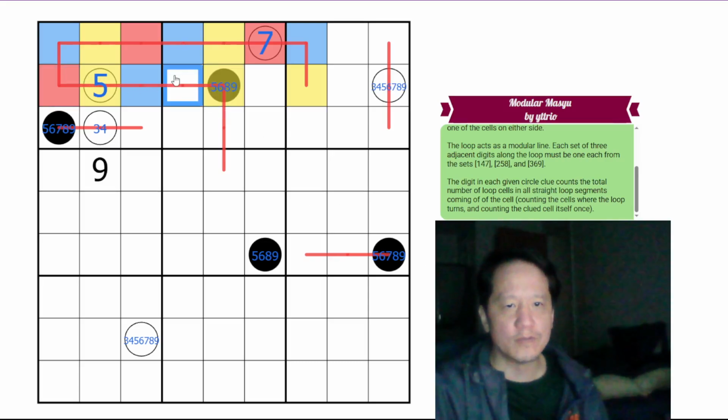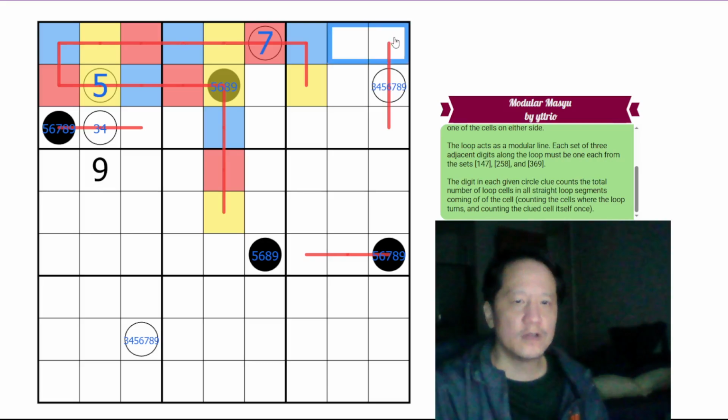We have red, red, red, yellow, blue, red, yellow, blue, red. This has to be B2 mod 3, which sees 1, 2, 3, 4, 5, 6, 7. It must see 8. So this is yellow. And we have yellow and red here.